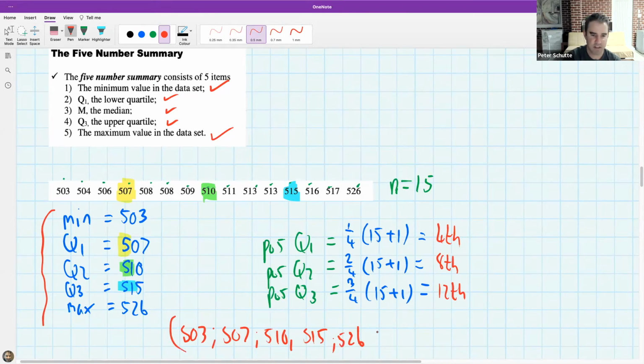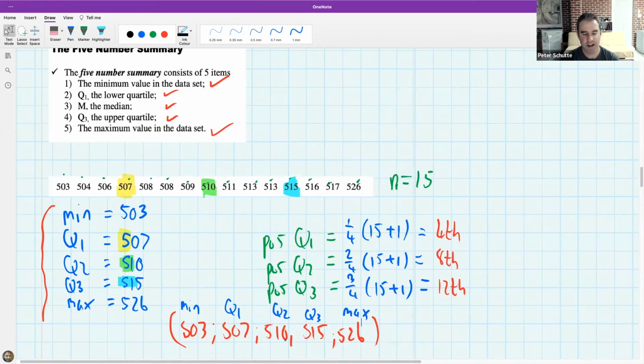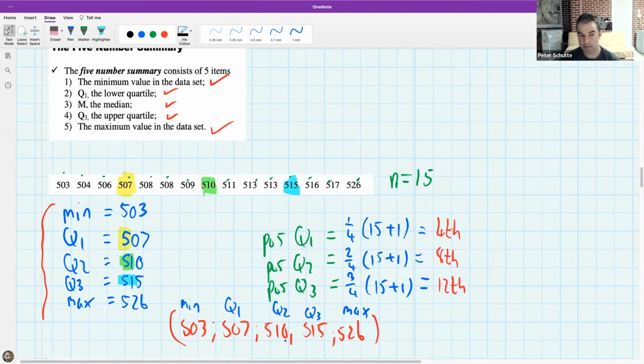And if they say this is the 5-number summary, you need to know that that's min, that's Q1, Q2, Q3, and max. Okay, so you will find many 5-number summaries, and sometimes they'll even give you the data of the 5-number summary. But just a quick little check.